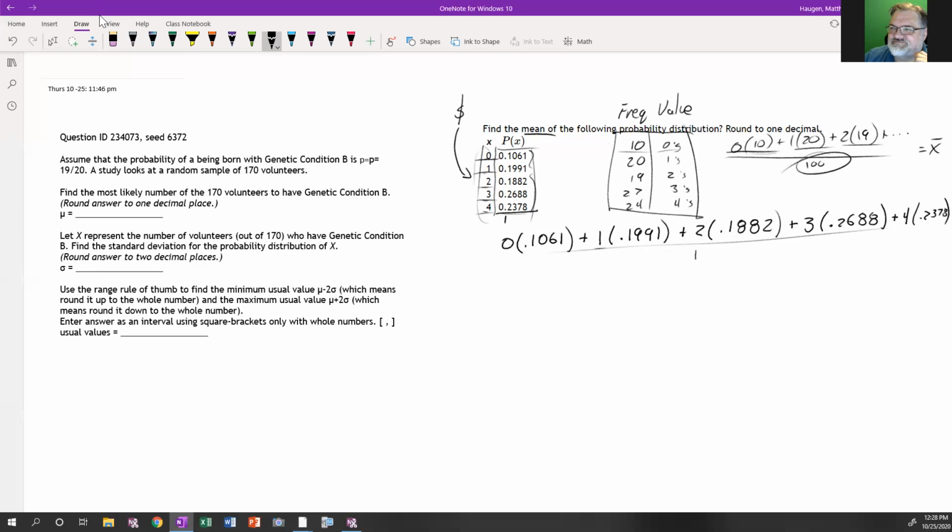But because in a probability distribution that sum is always going to be 1, we don't actually have to do that. We can just multiply each of the values by their weight, by their probability, and that sum is going to be our mean, our X bar.